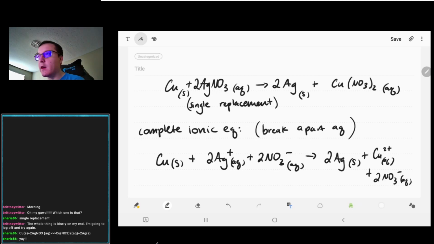And as always, I run out of room and have to squish everything down. Alrighty, let's look at what is exactly the same on both sides.